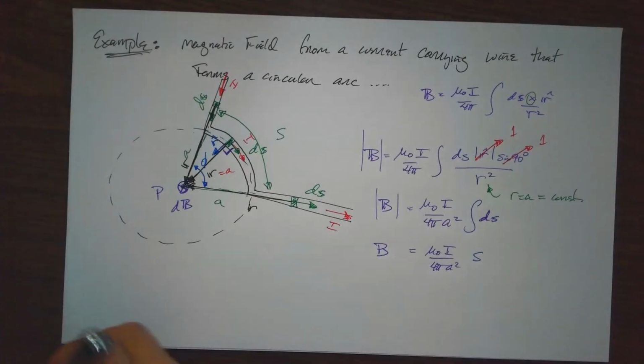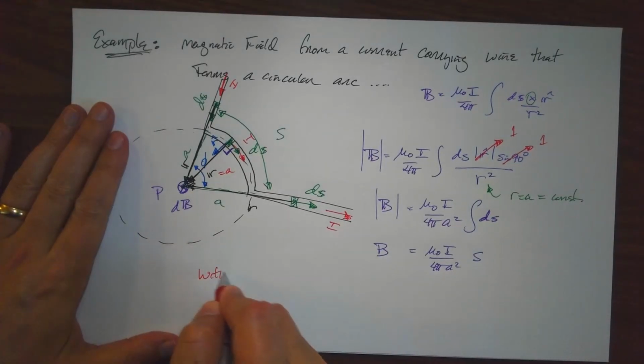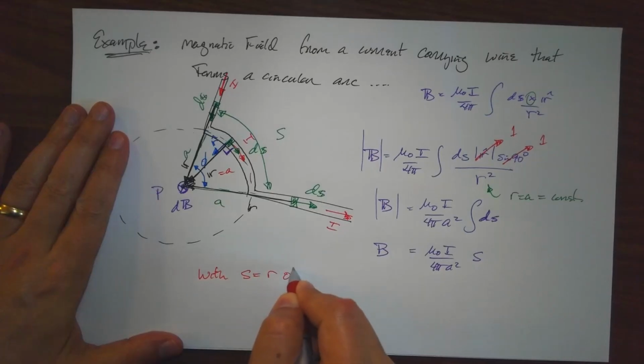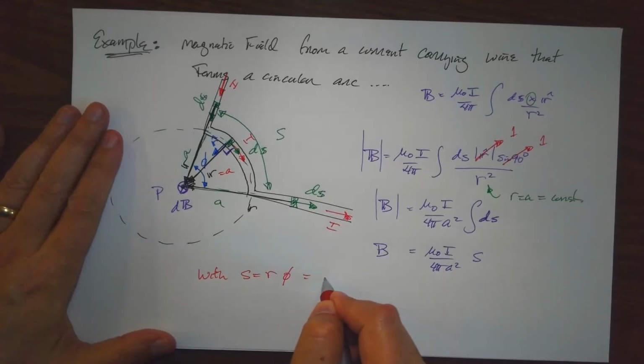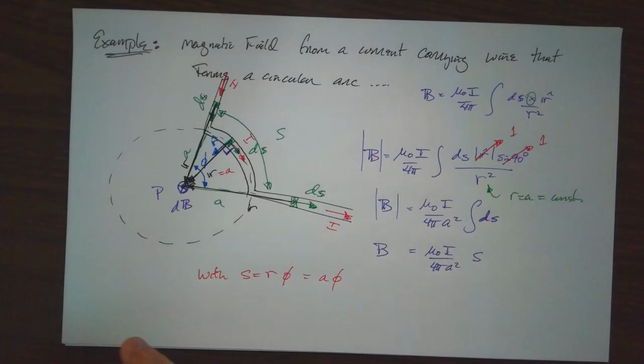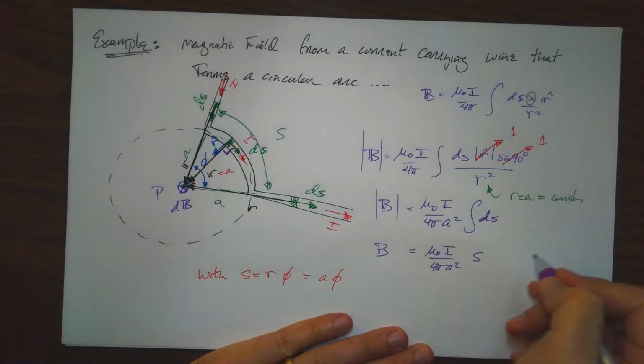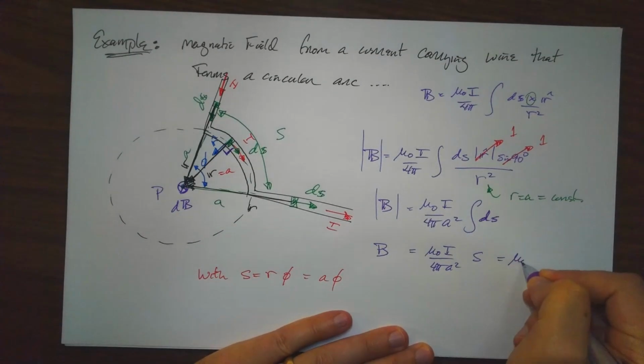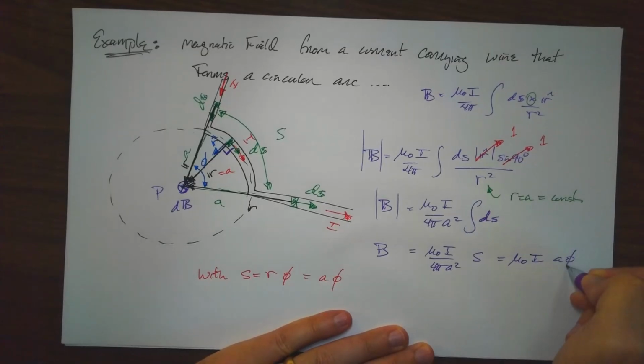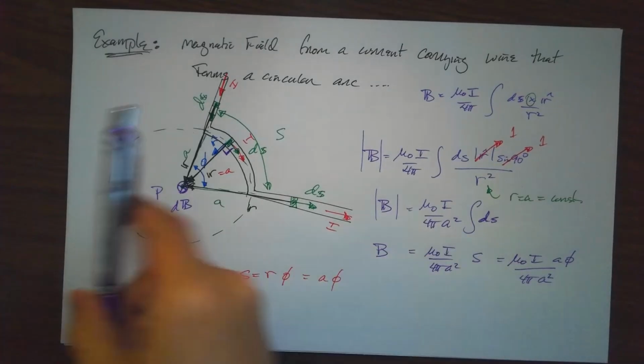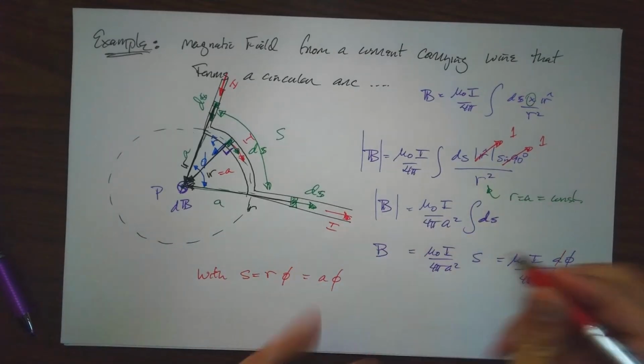And so with S equal R phi, or in this case A phi, those reduce.